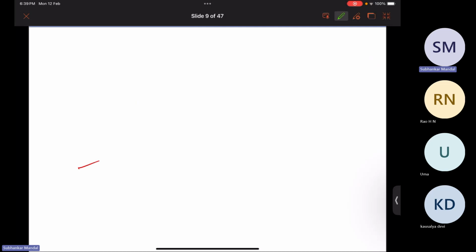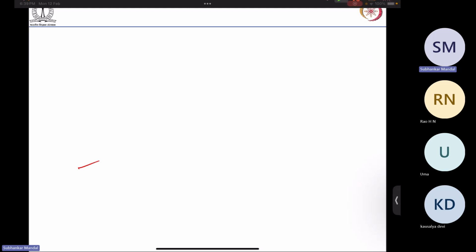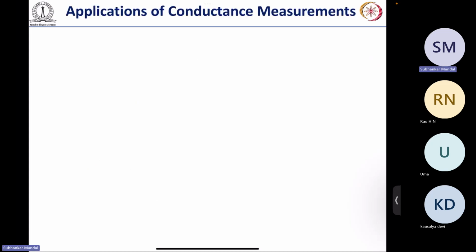Now the question: if I know the conductivity of this solution, what is the application of this conductivity value? There are different applications of conductance measurement.